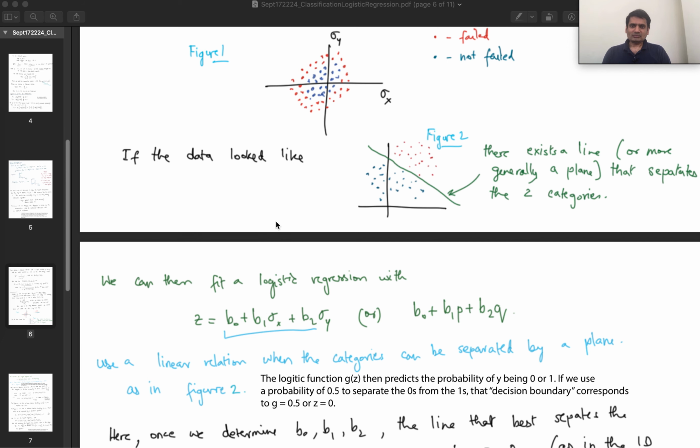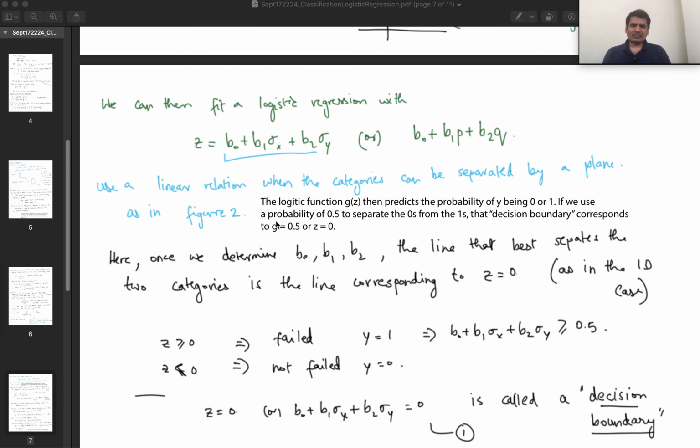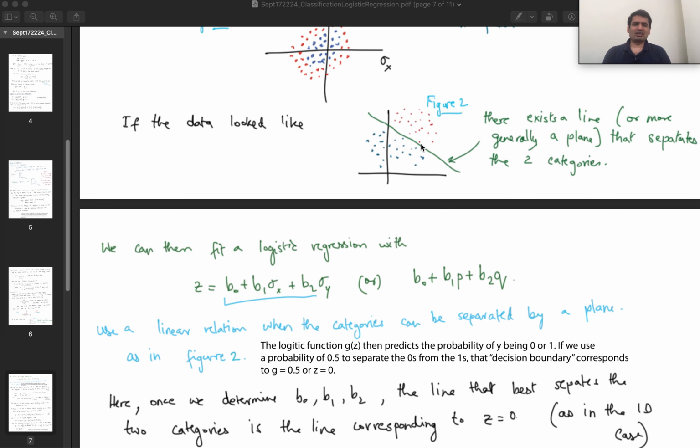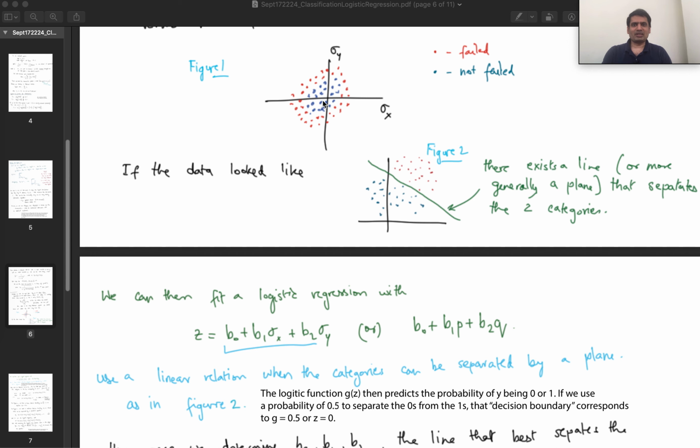And then I want to reintroduce this notion of a decision boundary, which is the boundary that separates 0 values of y and 1 values of y, or at least as best estimated by a regression that looks like this. There can also be overlap, right? There can be overlap between these two regions, in which case we'll try to do the best possible job. If there is no overlap, the logistic function will rise steeply. If there is overlap, the logistic function will rise more gradually, and we'll try to find a compromise in some manner. Okay.